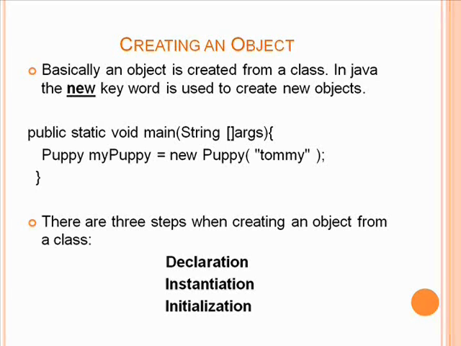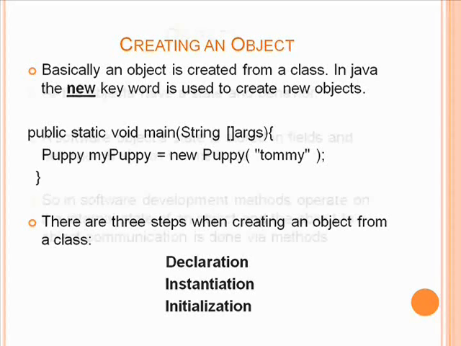A variable declaration with a variable name with an object type. Second is instantiation. The new keyword is used to create the object. Finally, the initialization step. The new keyword is followed by a call to a constructor. This call initializes the new object.